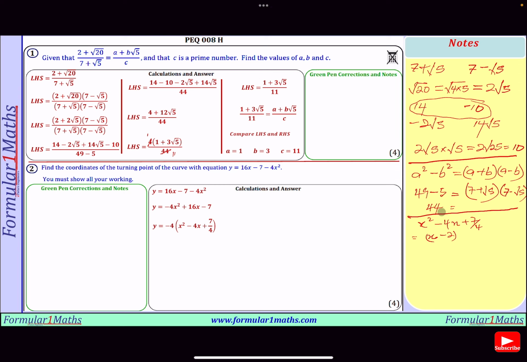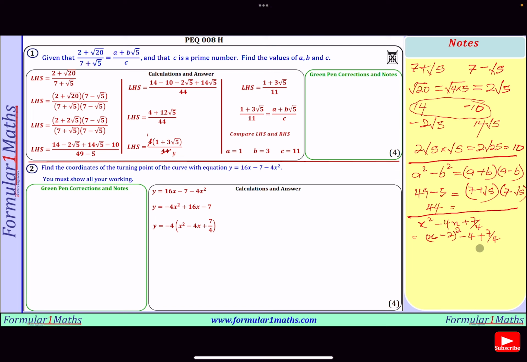Then I'll square all that, and by squaring that, I have added the square of minus 2. So I need to take that off, and the square of minus 2 is 4. I will then add the 7 over 4 to it, and I'll get that.